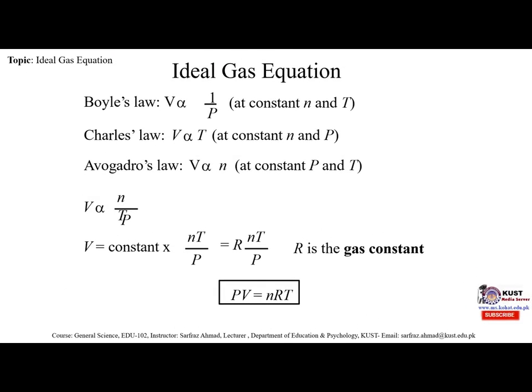Now here is the ideal gas equation. Before going through this law, an ideal gas is defined as one in which all collisions between atoms or molecules are perfectly elastic and in which there are no intermolecular attractive forces.